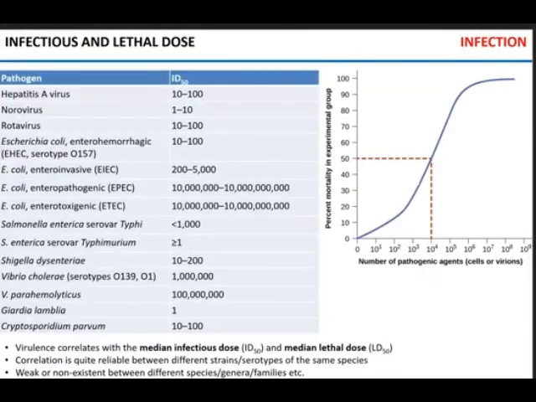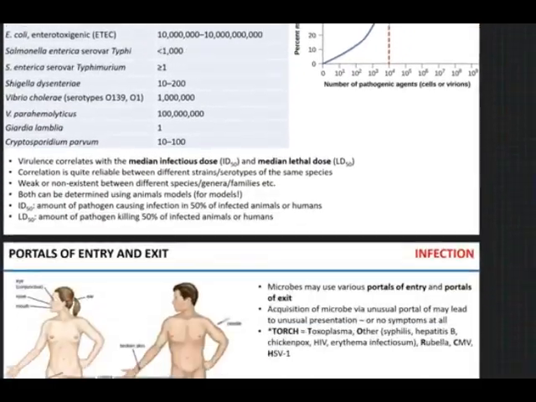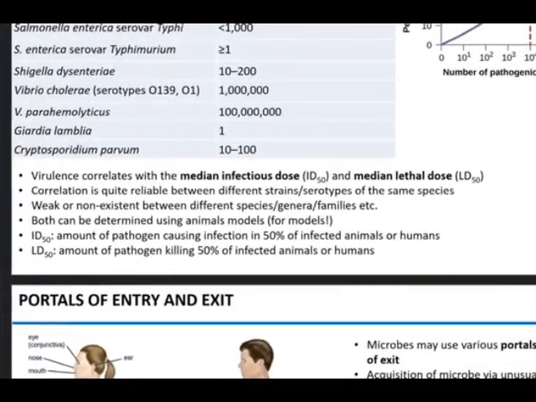So why are scientists so skeptical about the dose thing? First of all, let's define median infectious and median lethal dose. Do you need any explanation of the difference between infectious and lethal? I don't think so. Right? But what about median?